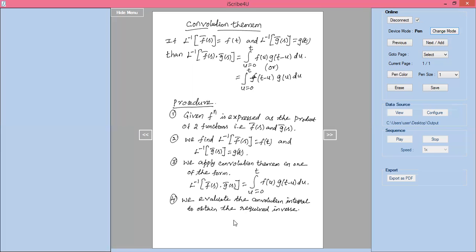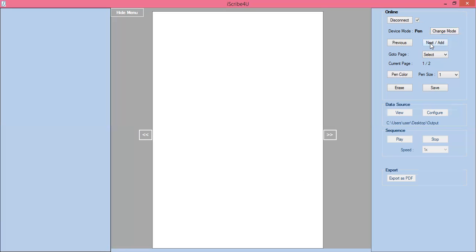Right. First problem I will take. In the next sheet I will do that. First problem: evaluate using the convolution theorem.